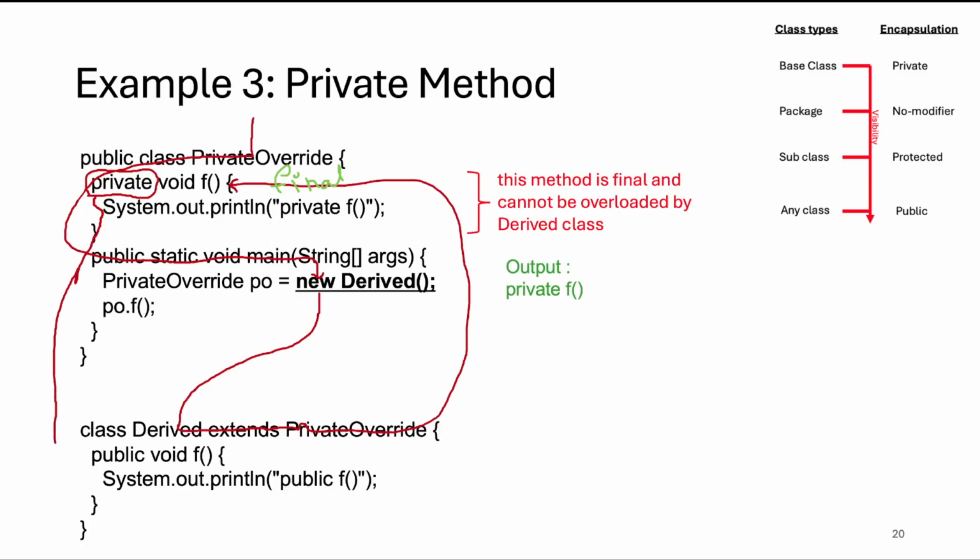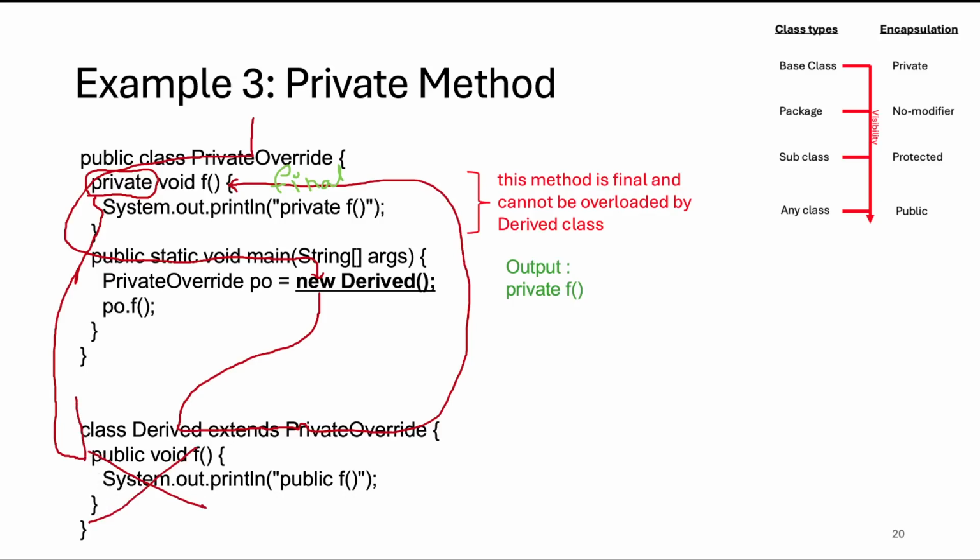Once it comes out, it will check the derived class. Here there is overriding of the f function using public, but we know this is a private function. So this function will not be considered at all.